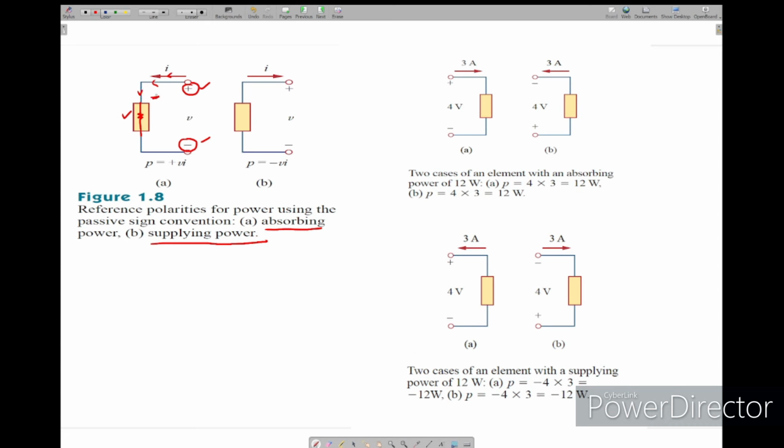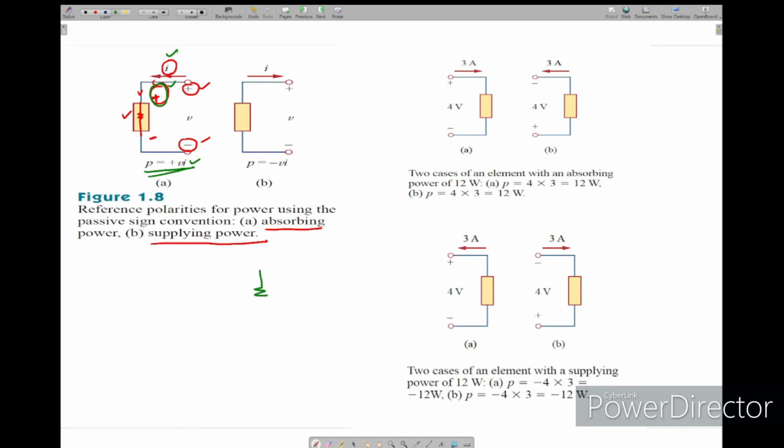The important point is that I enters at the positive terminal. So this is absorbing power V times I.